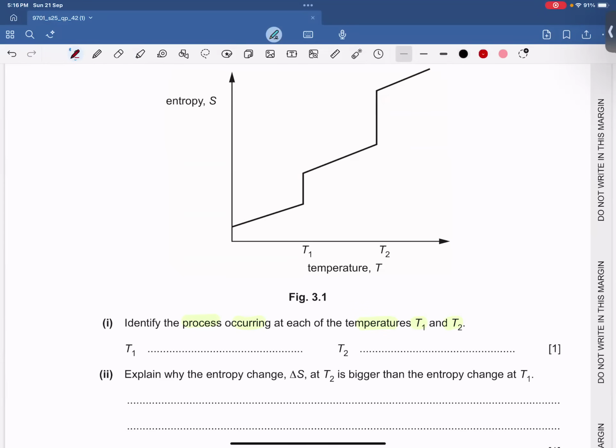So this is technically your solid part. And this becomes solid plus liquid. And this becomes gas. So gas has the highest entropy value as compared to liquid and solid. So this process is going to be melting. And this process is going to be boiling.